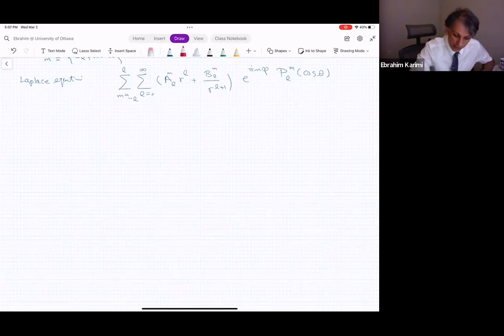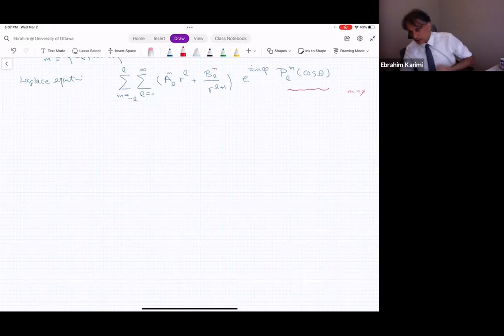Previously, we had only this term without m. So m was 0 here. Now the azimuthal direction also plays a role, and then we have to go with this expression, which has theta dependency, m is there, e to the i m phi is there, and also r is there.